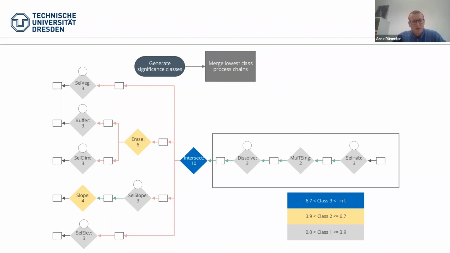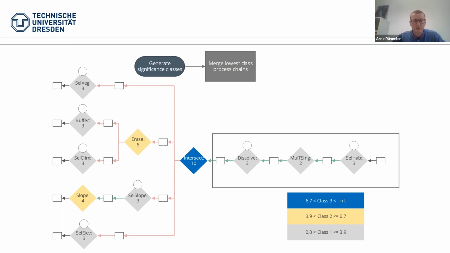After we find such a chain, we start merging these 3 processes into a new one, and the new process gets the name of the sub-process with the highest significance. In this case, this would be either dissolve or select habitat. And if this is equal, we select the process that was run last.